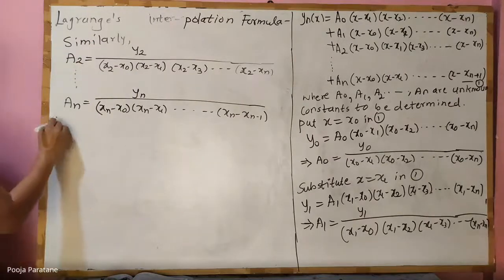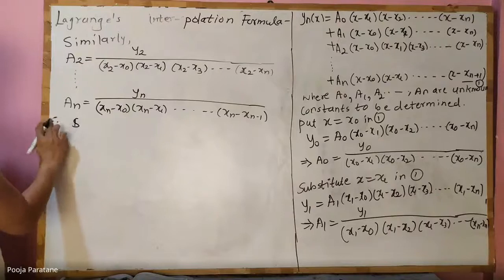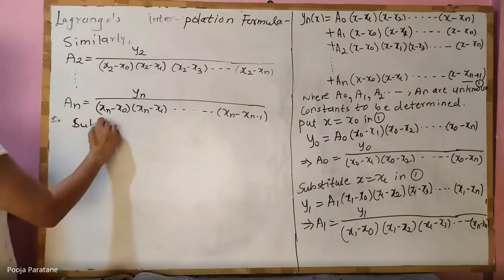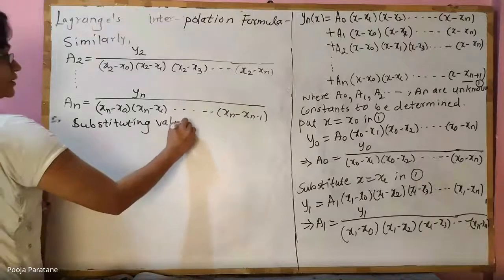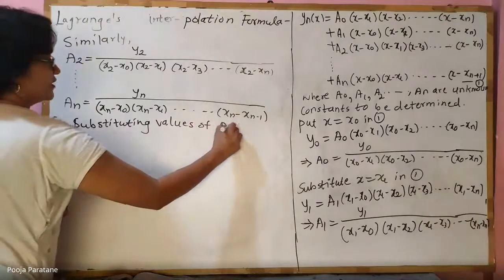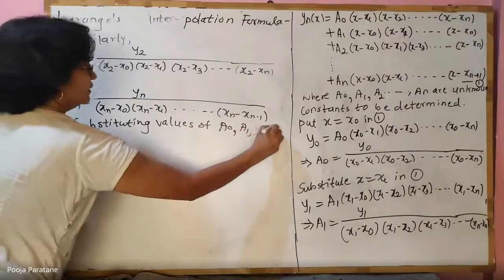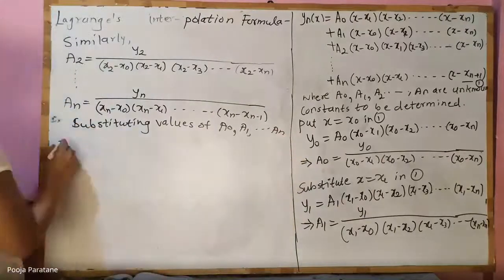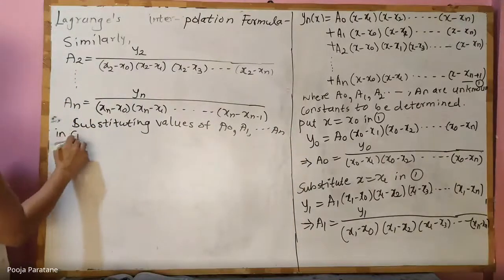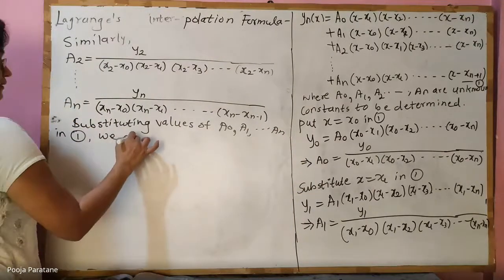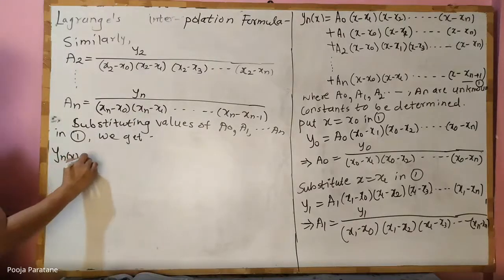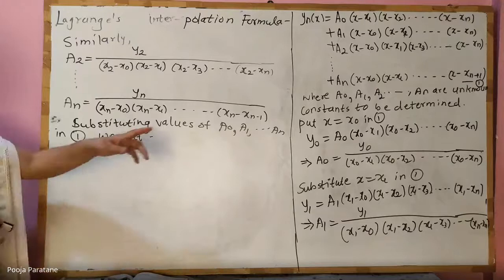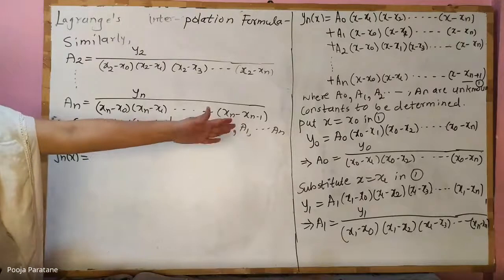So therefore, substituting the values of a0, a1, an in 1, we get y of x is equal to, now the value of a0 is y0 upon the whole of this expression.